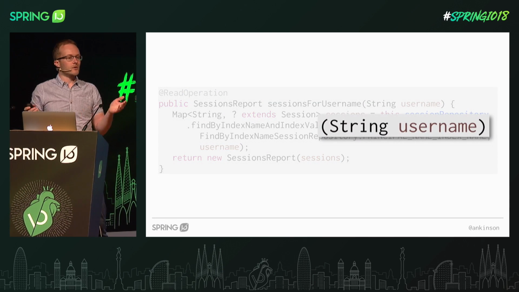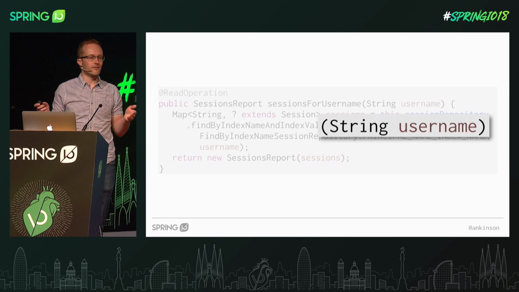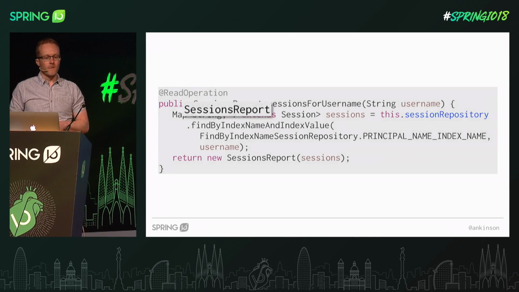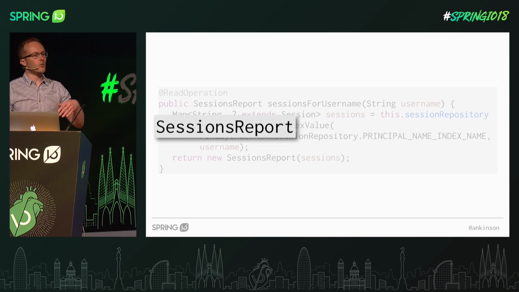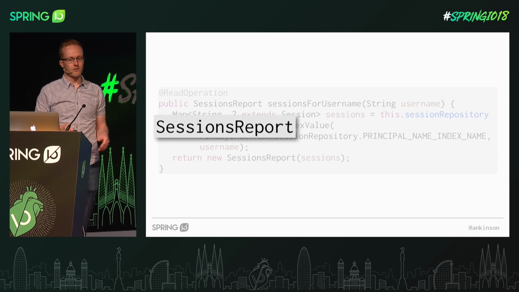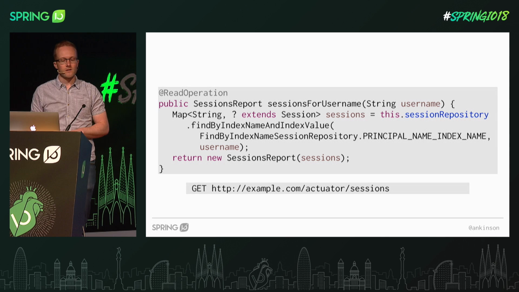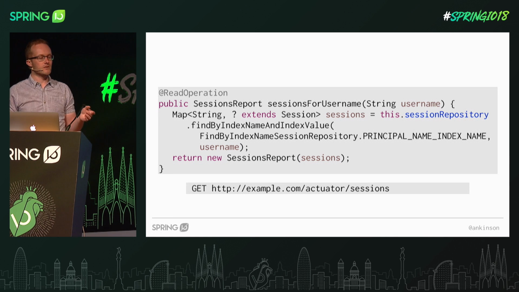You can take input into an operation. For example, with the sessions endpoint, I said earlier that it could list all of the sessions for a particular user. Whatever you return, it will automatically serialize to JSON for you. Here we're returning the sessions report, which is the detail of all of the sessions. Again, this is a read operation, so it maps to an HTTP GET request.